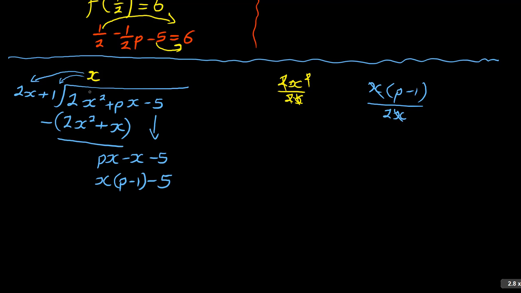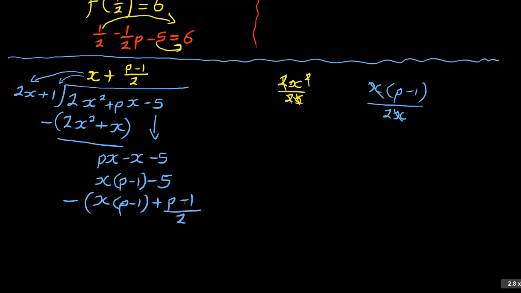So on top, I'm going to have, in this case, a plus (p minus 1) over 2. That's what I'm having. And then with that, I'm going to multiply like I did first. (P minus 1) over 2 times 2x, I'm going to have x(p minus 1), and that times 1, I'm going to have plus (p minus 1) over 2.